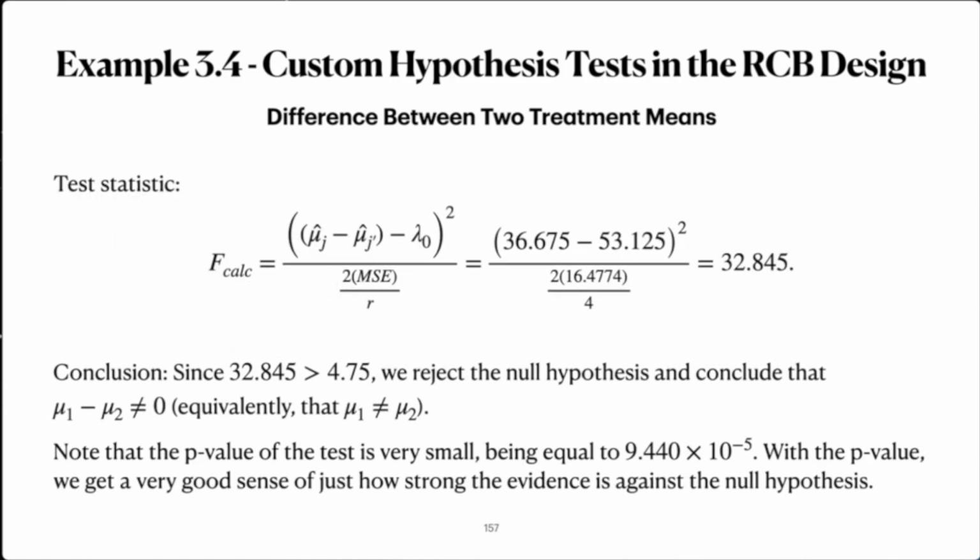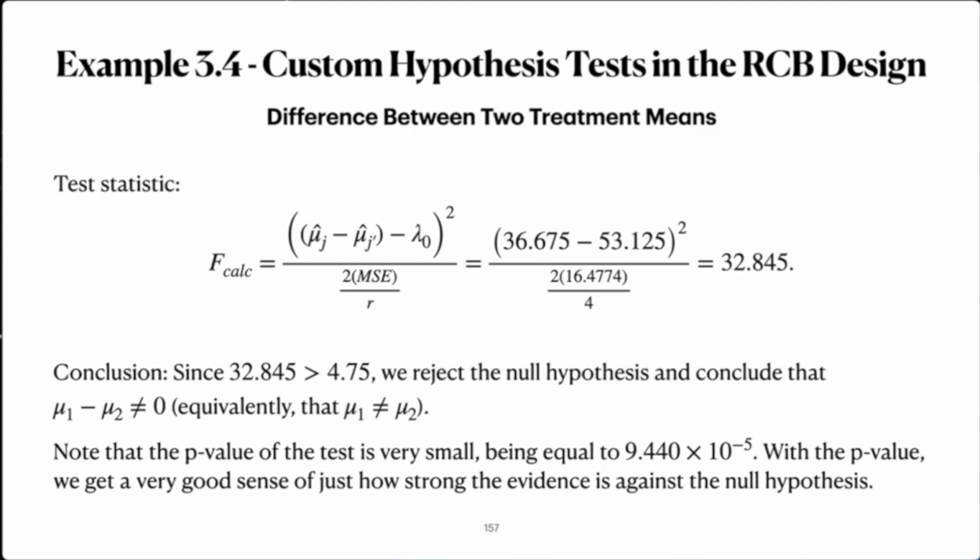Now the test statistic, F-calc, is equal to the difference between the estimates of the treatment means minus the hypothesized value of 0, and then we square all that. So you see here the numerator is equal to the square of the difference between 36.675 and 53.125.